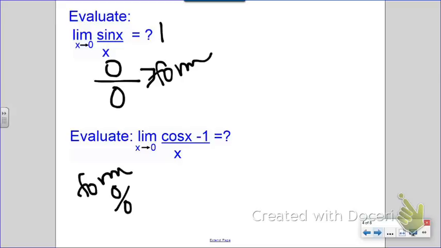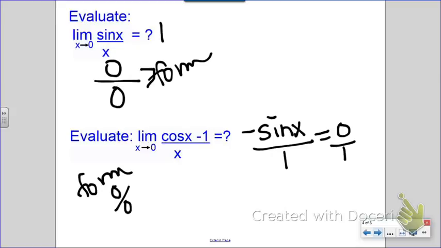The derivative of cosine is negative sine of x. The derivative of 1 is 0. The derivative of x in the denominator is 1. Now if we plug in 0, we get an answer of 0 over 1. When we originally solved this, we saw that the limit was in fact 0 graphically.